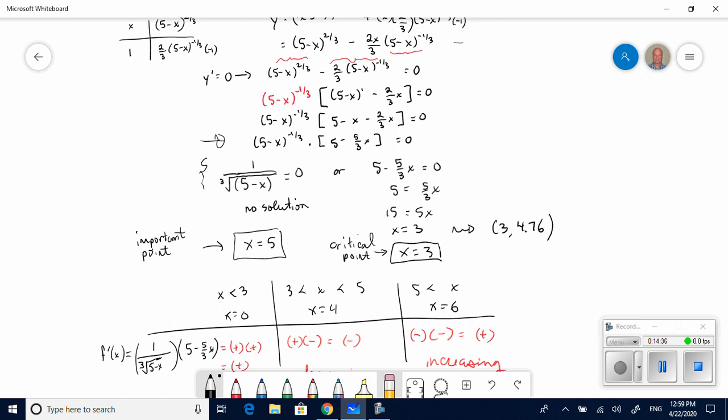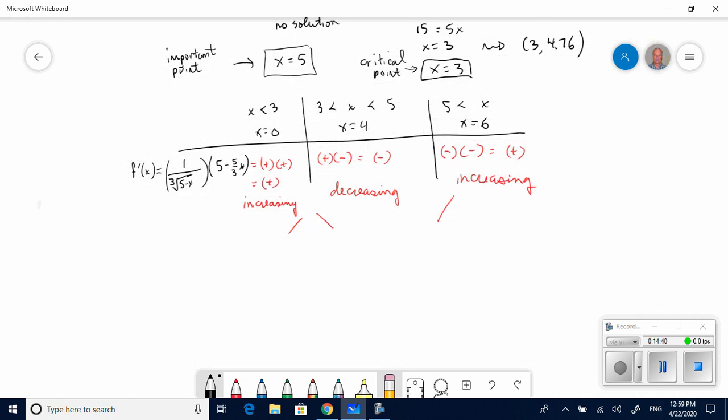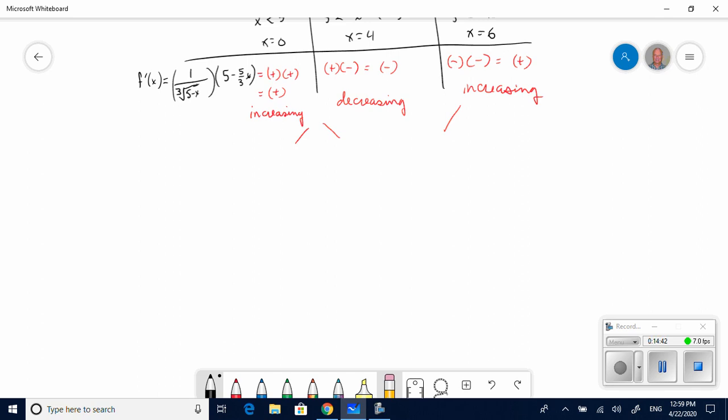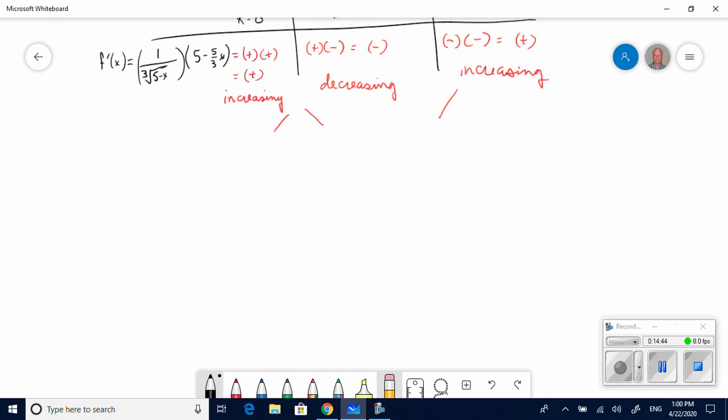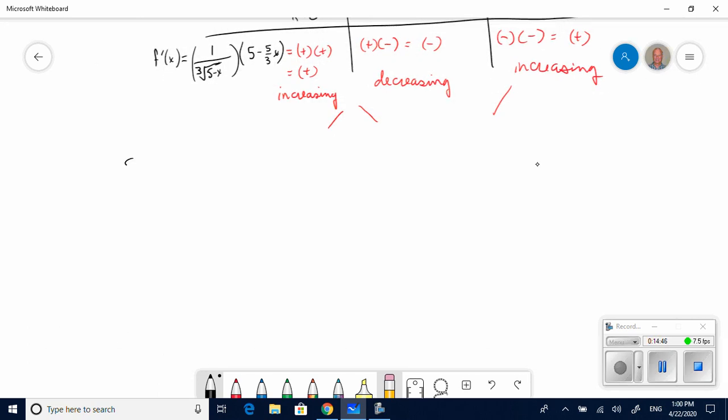I'm going to pause my video and do the second derivative. Before I pause it, I'm going to talk about the second derivative. Quotient rule, let's do the quotient rule. And I'm going to have my first derivative function.